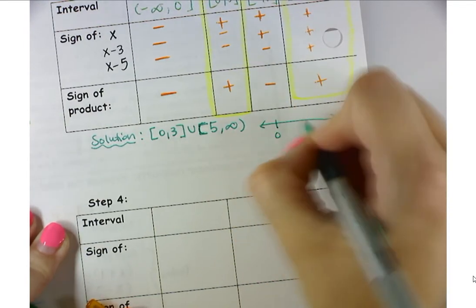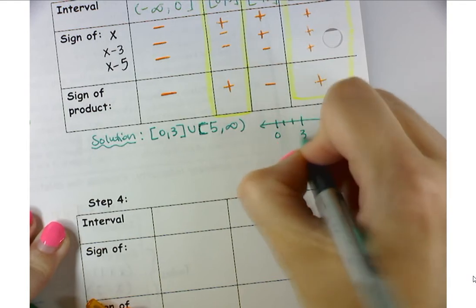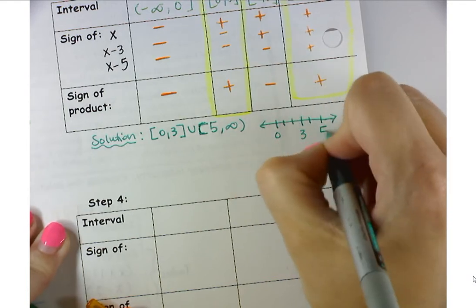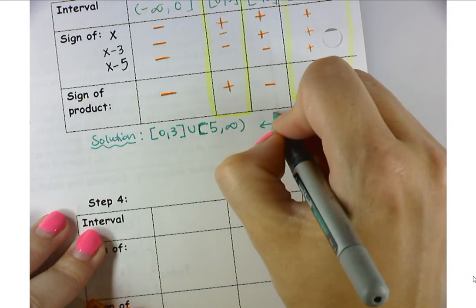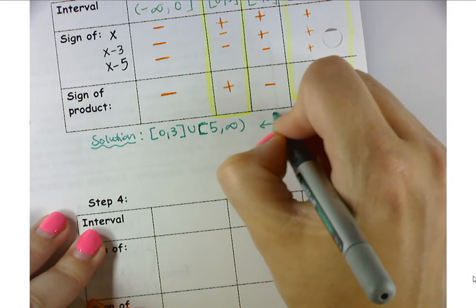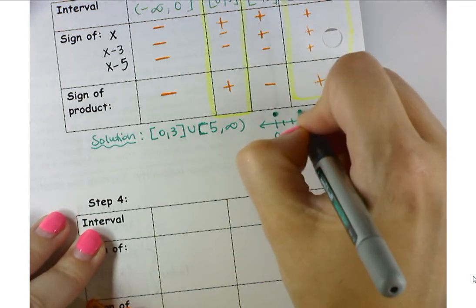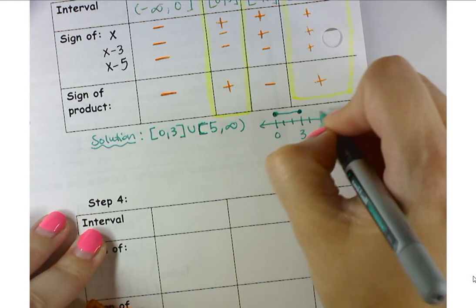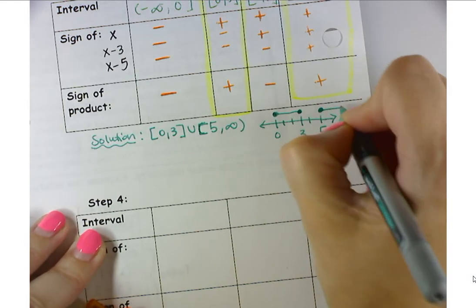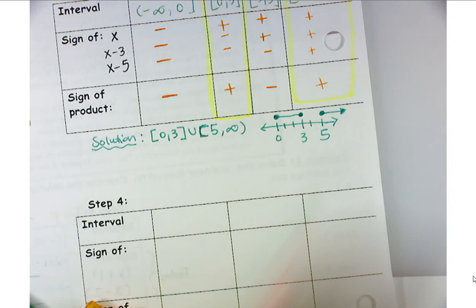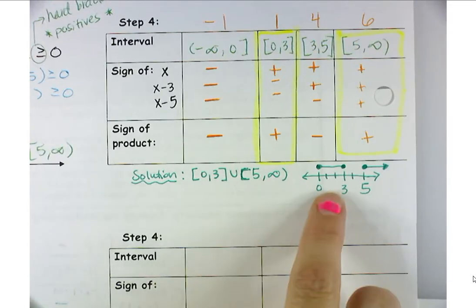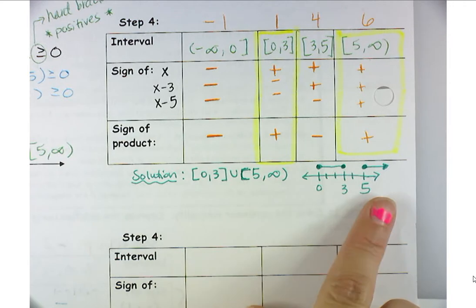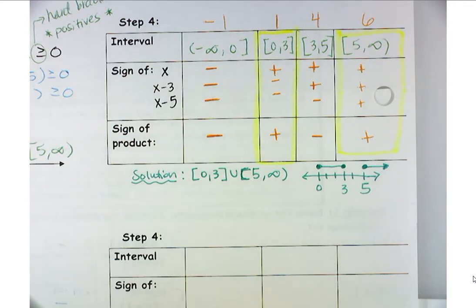So 0, 3, 5. And I would have closed circle, connect, closed circle, arrow to the right. Okay, and again, you can plug that back in to check. So anything between 0 and 3 and 5 and above should make a true statement for our original.